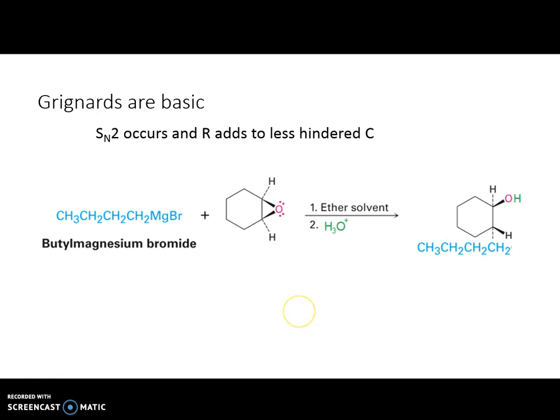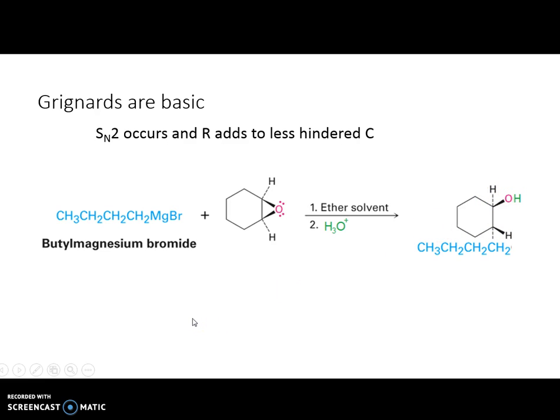Here's an example of another nucleophile, a Grignard reagent. A Grignard reagent can come in. It's going to come in from the underside and then ring open and give you an alcohol. Notice this Grignard reagent is now attached to the carbon, and we have an alcohol.